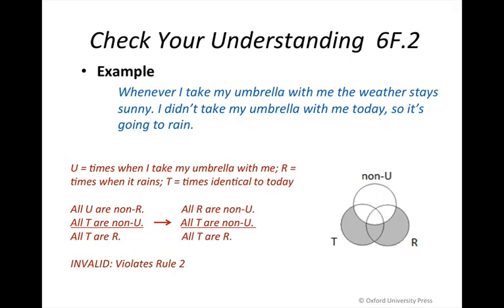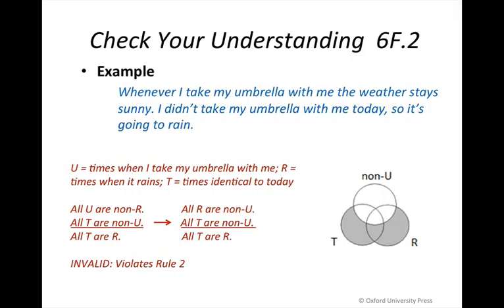Notice that in doing this work using U, R, and T, we've already eliminated an additional term. This is the weather staying sunny, or times when it's sunny. So we get the following.